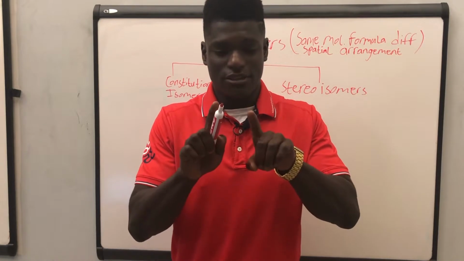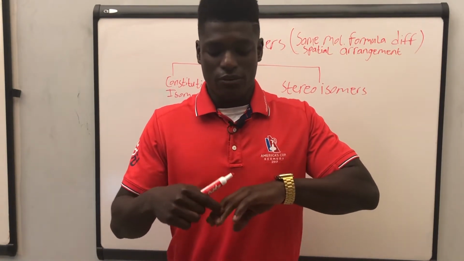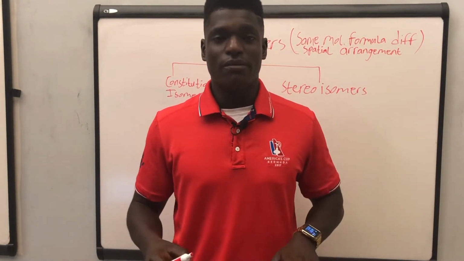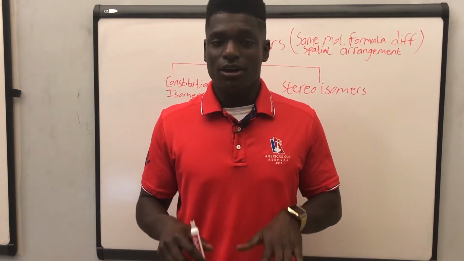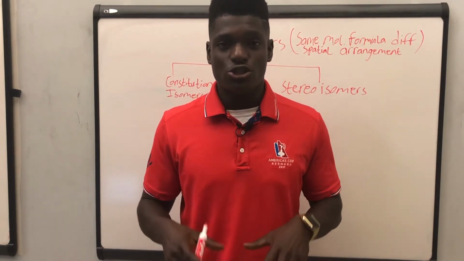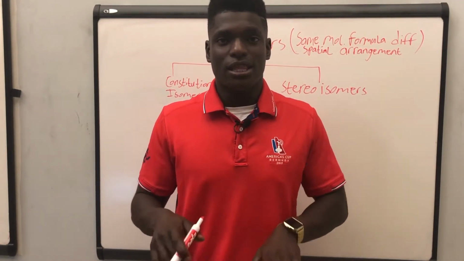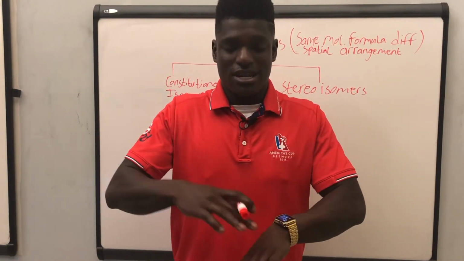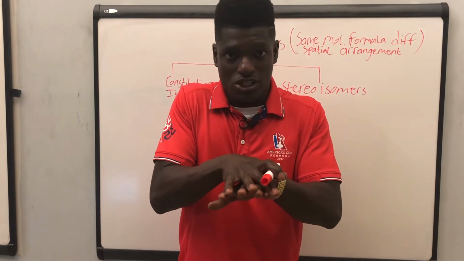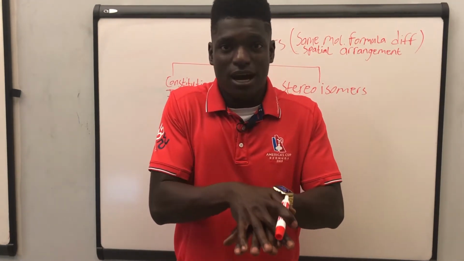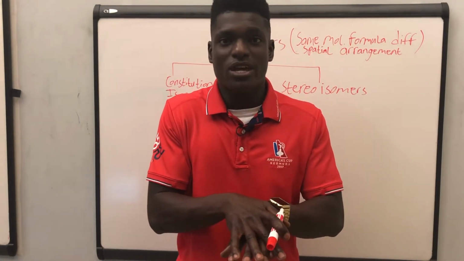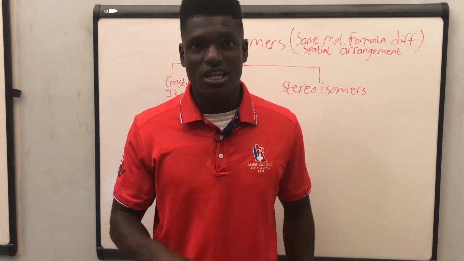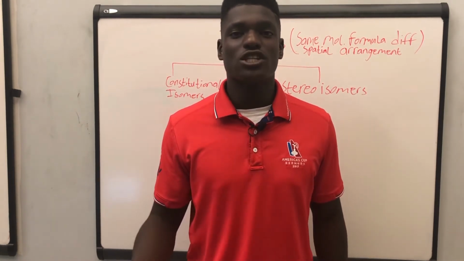We have our index finger, middle finger, ring finger, and pinky finger. But what do we know about our hands? They are non-superimposable, meaning there is no way that I can orientate my hands for them to stack completely on top of each other. There is no way that is possible. What that means is that we have a different orientation in terms of spatial arrangement.